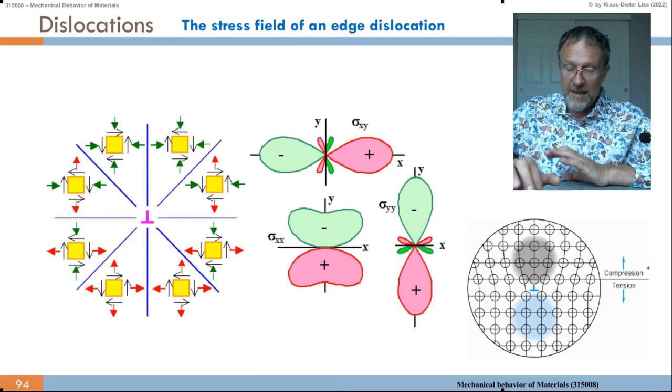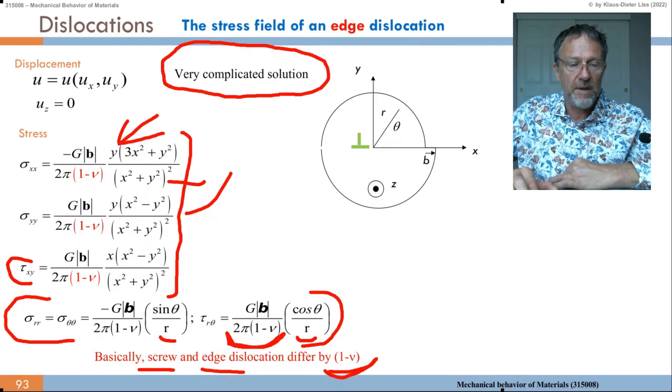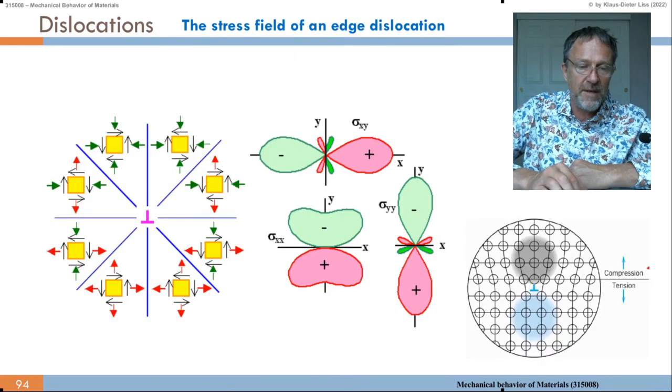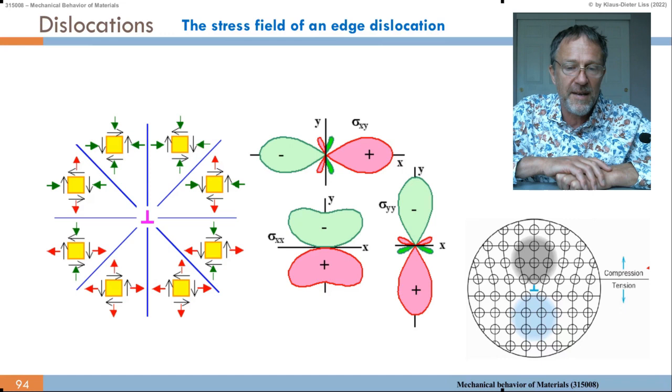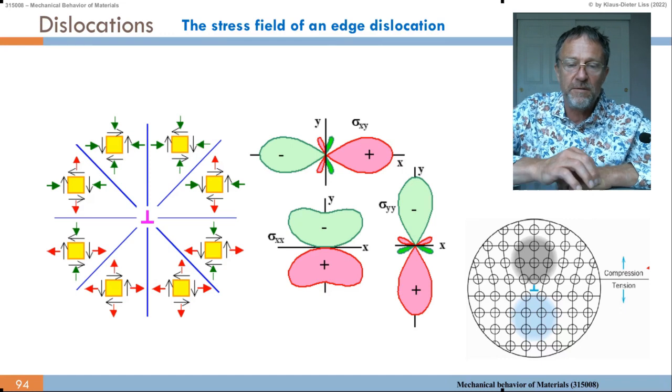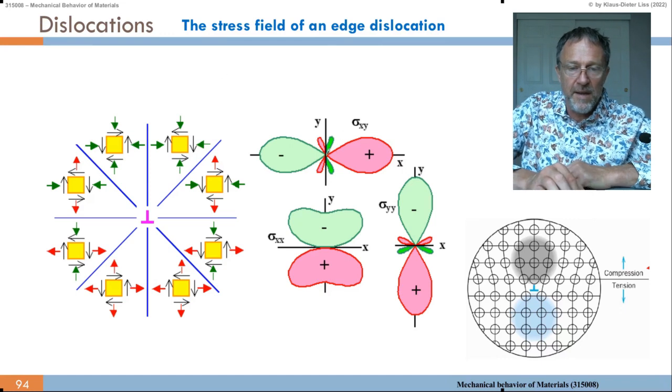If we visualize these stress fields, so here we have these formulas to the left. If you visualize that qualitatively, then we get this behavior. We have, let's say here, sigma xx above the dislocation habit plane, which is shown here, this black line along x, the 0 of our coordinate system.